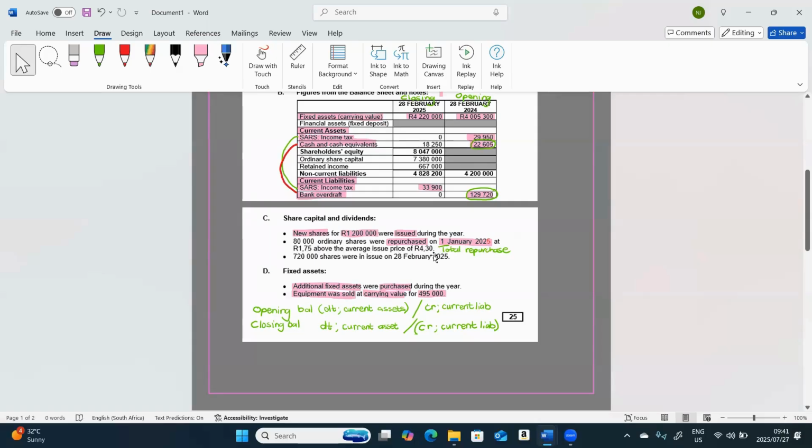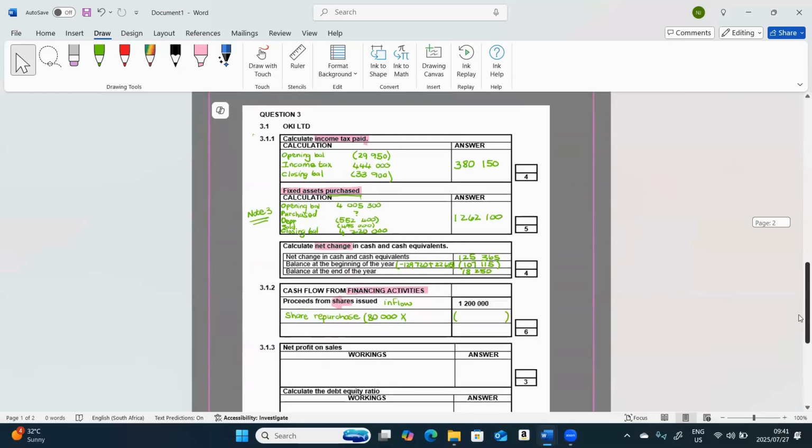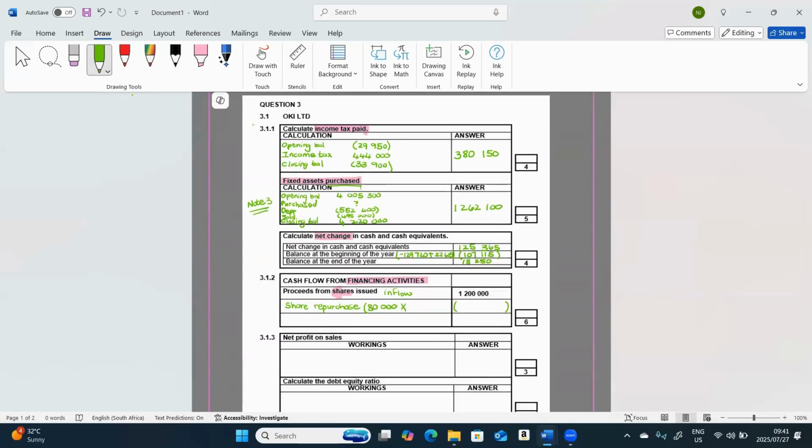That gives R6.05. So you're going to multiply that with R6.05.